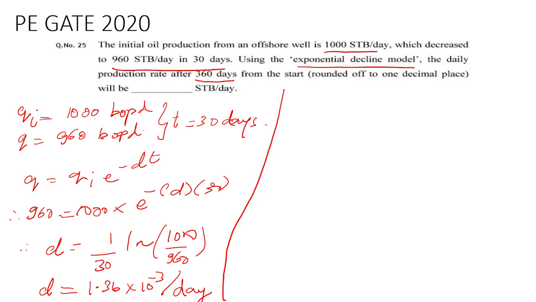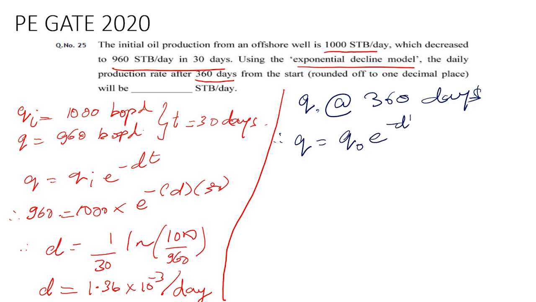Now, what we have to find? We have to find the flow rate at 360 days. What will the flow rate be after 360 days? Okay. Now to find out, Q is equal to Q naught e to power minus bt.